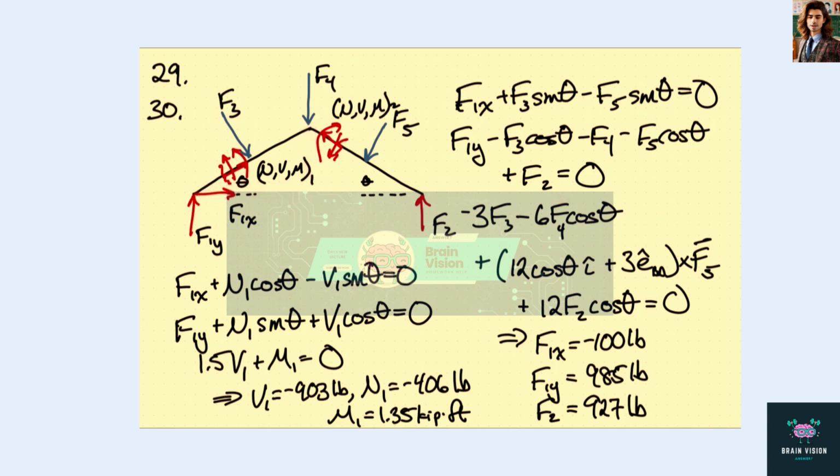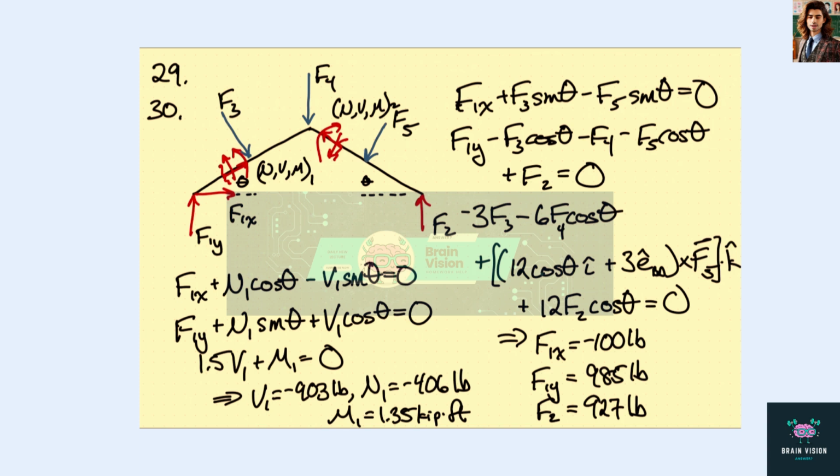And then for F5, I didn't make it clear that this should all be dotted with the unit vector in the out of plane direction.